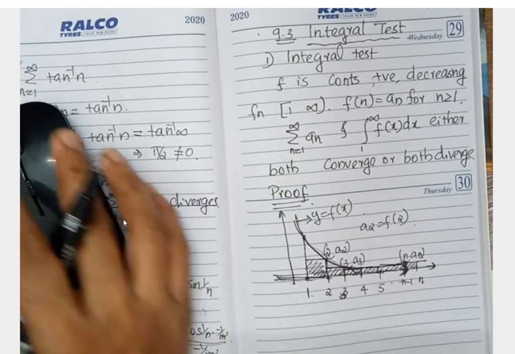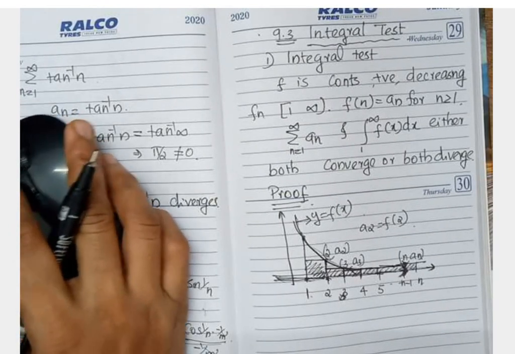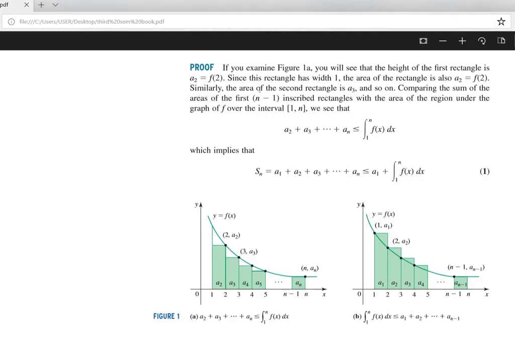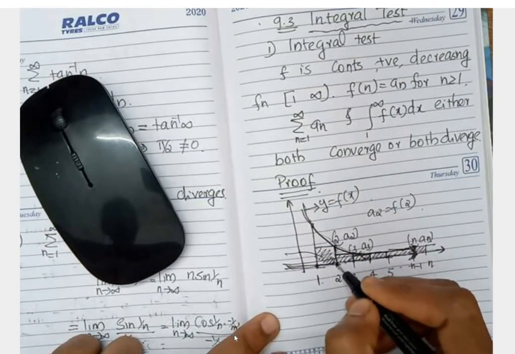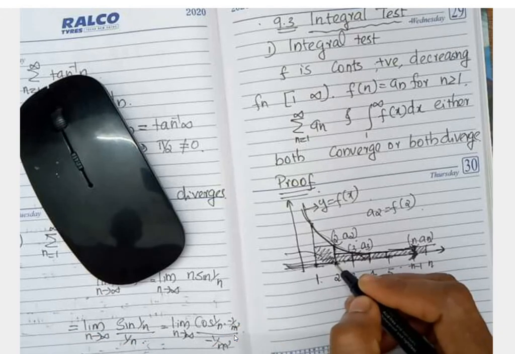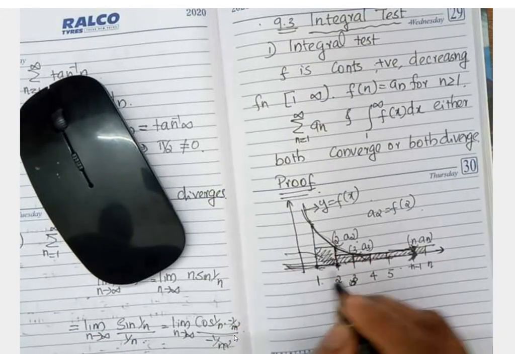And also consider that this rectangle has width 1, right? The area is A2 times this 1. So the area of this rectangle, whose length is A2, actually f of 2, and width 1, is equal to A2.